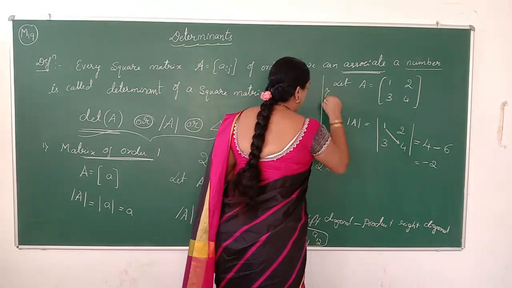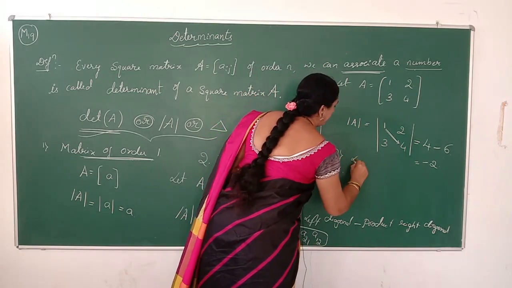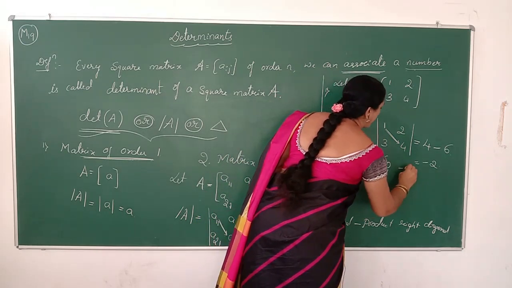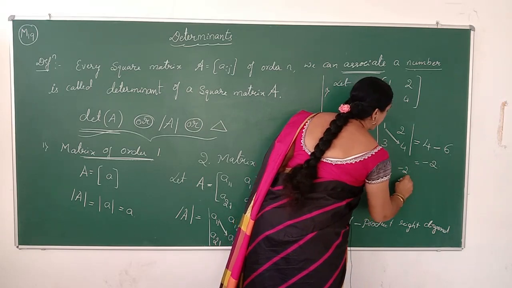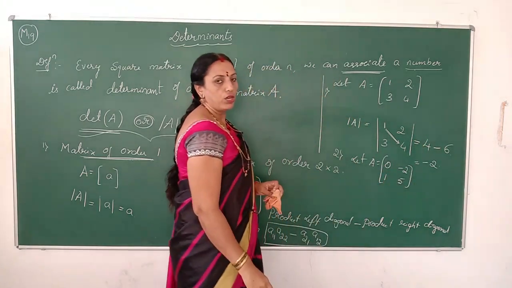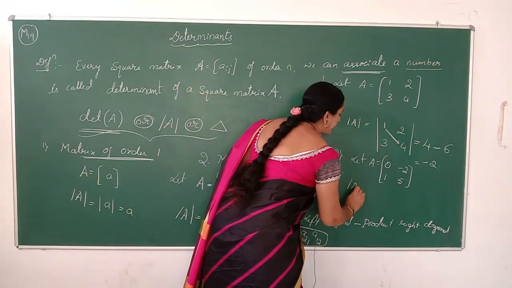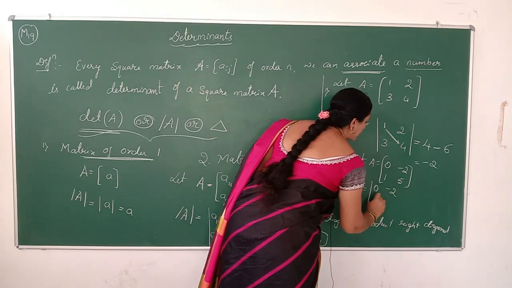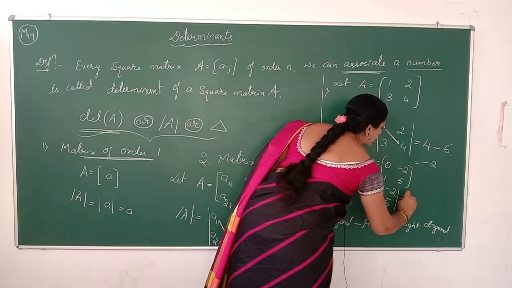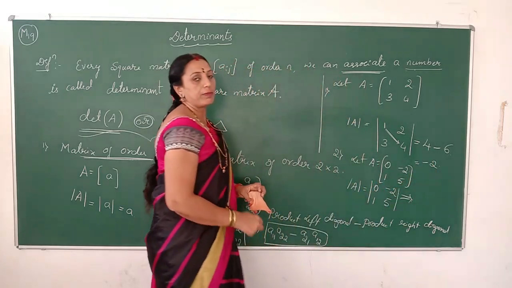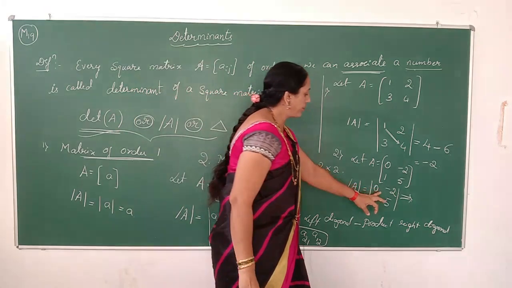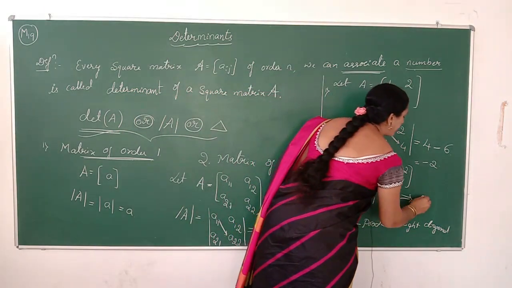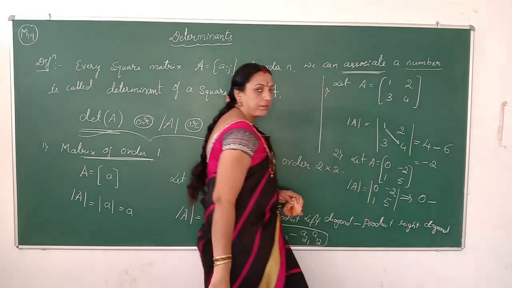Similarly, here is another example. Let A be equal to 0, minus 2, 1, 5. Then determinant of A is equal to the determinant of 0, minus 2, 1, 5. Again we consider the diagonal elements. The left diagonal elements are 0 and 5. Their product, 0 into 5, is 0, minus.